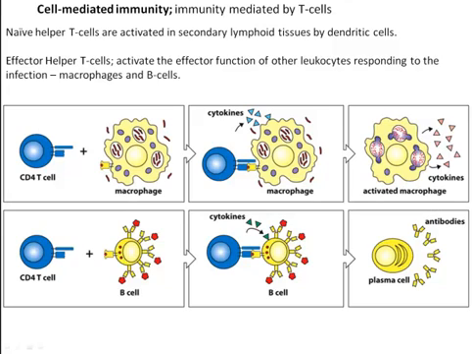Now, other T cells that mediate cell-mediated immunity have two different functions. First of all, they can activate other cells in the immune system that are responding to the same pathogen. So in this particular case, this would be a pathogen that replicates extracellularly and is producing a toxin. And so they're so-called helper T cells because they provide the appropriate activation signals.